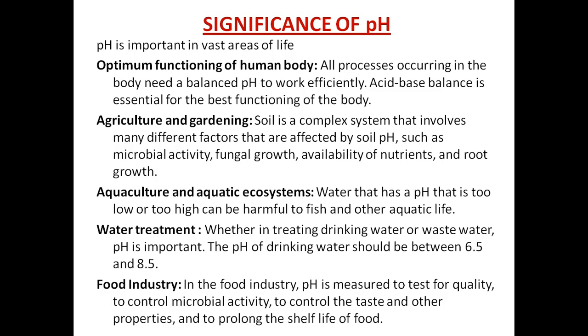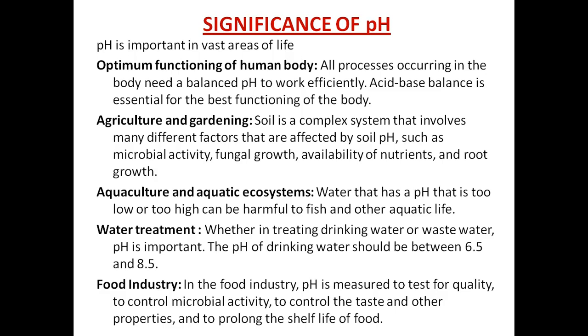In terms of aquaculture and aquatic ecosystems, water that has a pH that is too low or too high can be harmful to the fish and other aquatic life. So again, pH is crucial for the aquatic ecosystems too. For the water, whether it is drinking water or wastewater, pH is important.